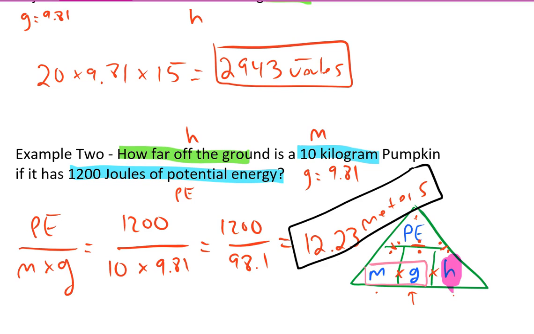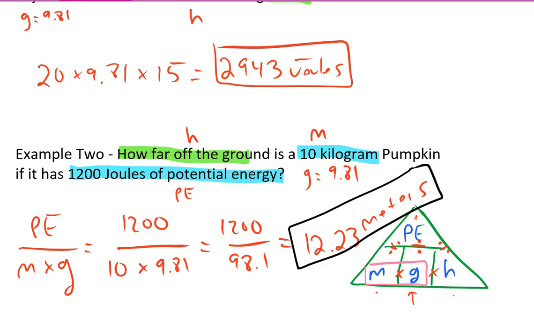Okay, so for these problems, they're not bad. All you got to do is use your equation triangle. Remember, cover up what's missing, and what's left over will tell you exactly what to do. So all of the problems in section 6.2 use this equation triangle, and the only ones that might throw you for a loop are the ones that are asking for gravity. And those aren't hard.